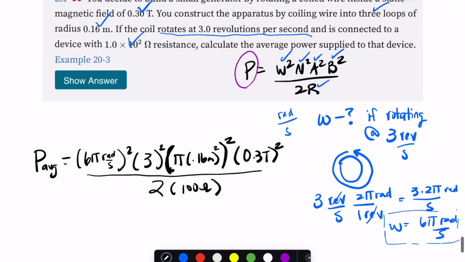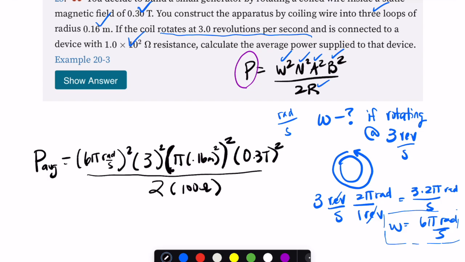Don't forget that. Okay, divided by 200. All right, this is what I got.